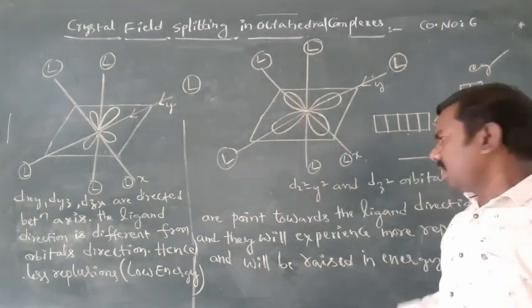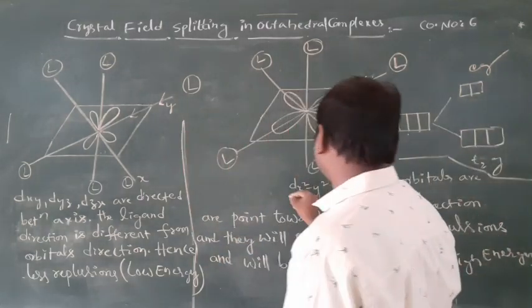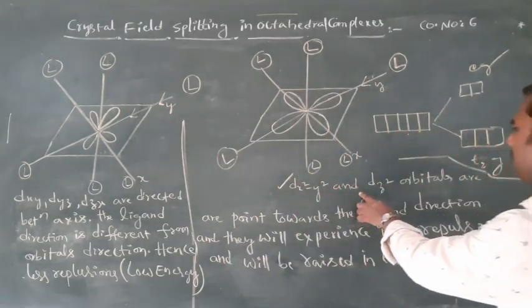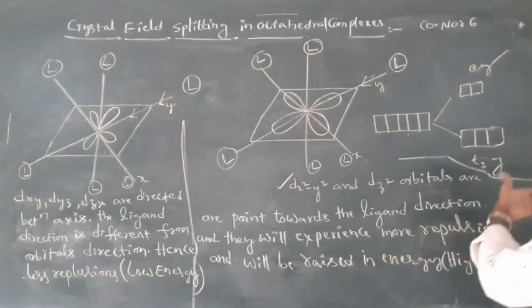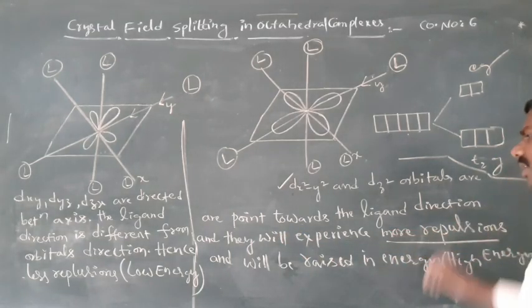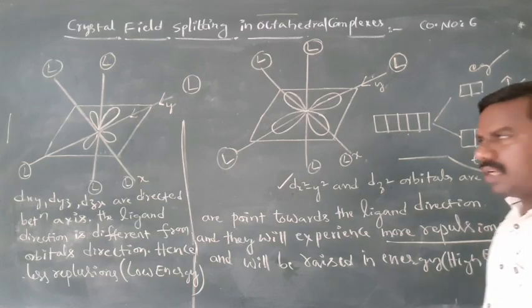That is what I have written here. The dx square minus y square and dz square orbitals point towards the ligand direction and experience more repulsions, which raises the energy, called higher energy. Higher energy it is, and that is lower energy.